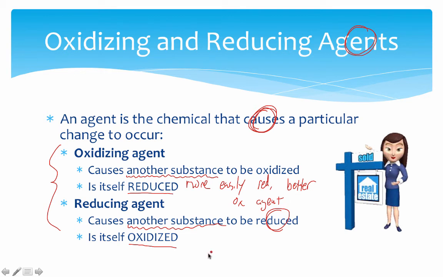And likewise, the reverse is true: something that is more easily oxidized is a better reducing agent. It's better at making the other reaction happen faster. We're going to talk about whether things are more easily or more difficultly reduced or oxidized in a later video, but this is just an idea to keep in the back of your head.